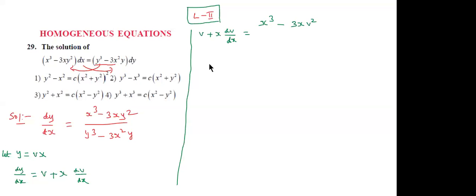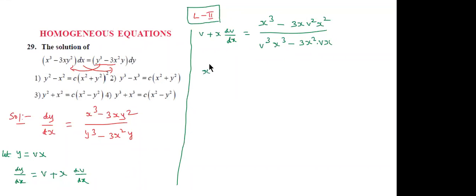That means v square x square, divided by y cube is there, v cube x cube minus 3x square into vx. Here students observe that numerator and denominator, take x cube common and it is going to cancel. Then what is remaining?